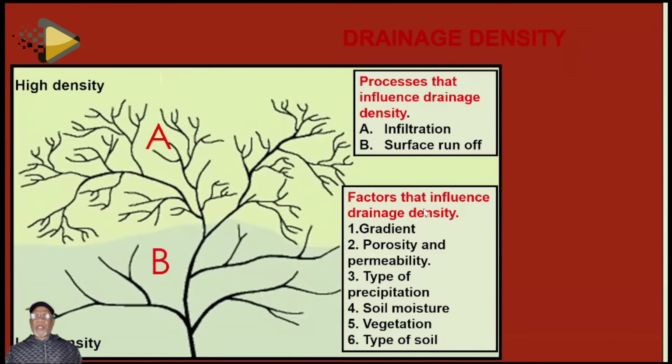Infiltration will result in low drainage density, and surface runoff is going to result in high drainage density. Because when there is more infiltration, there's going to be less water on the surface. But when there is more surface runoff, there's going to be more water on the surface.